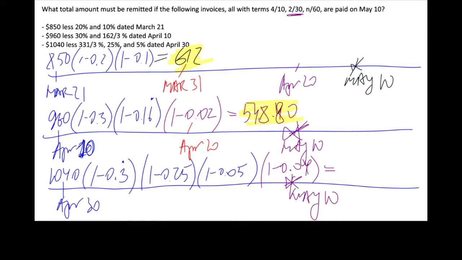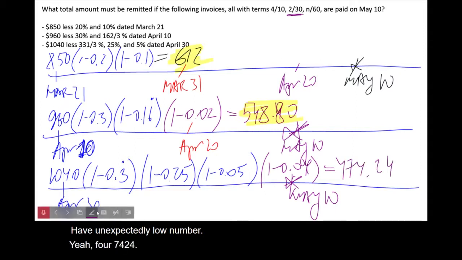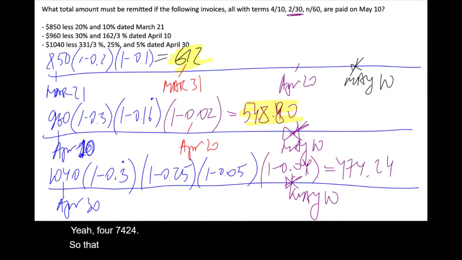Let me recalculate because we have an unexpectedly low number. Yeah, 474.24. So that is it.